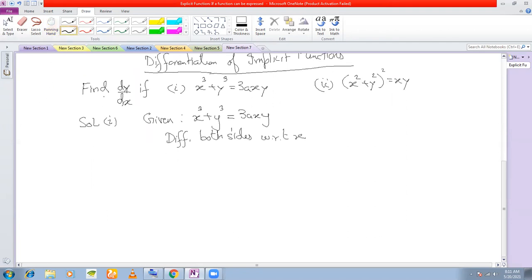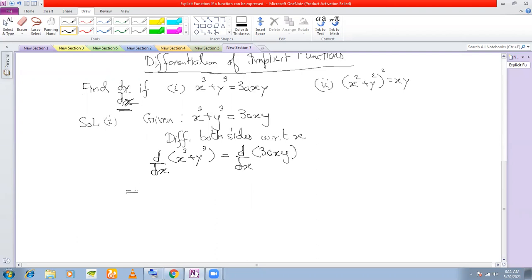What does differentiating with respect to x mean? It means I must have dx in the denominator. I'm making x the independent variable. So I have d/dx of x cube, and I differentiate the left hand side and the right hand side also.